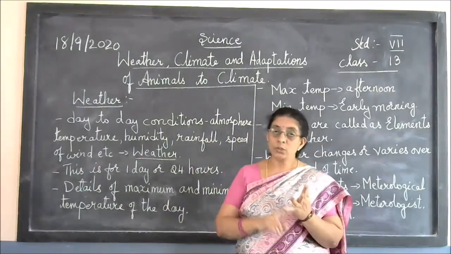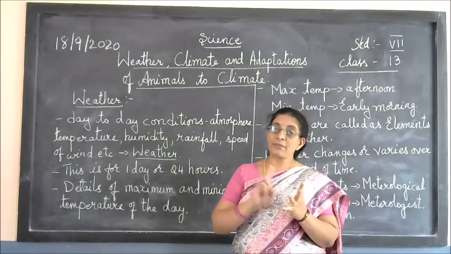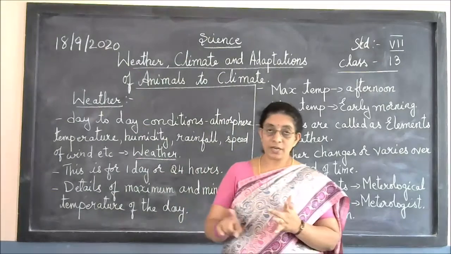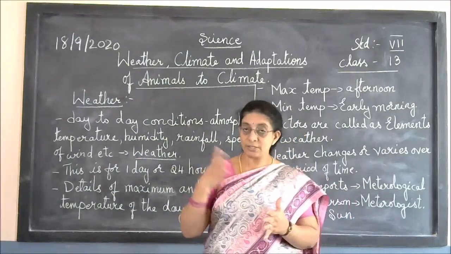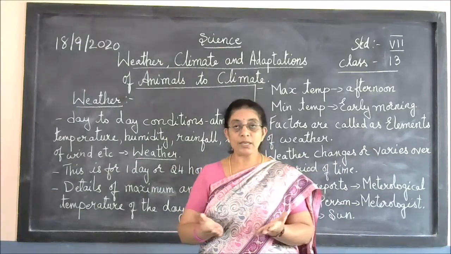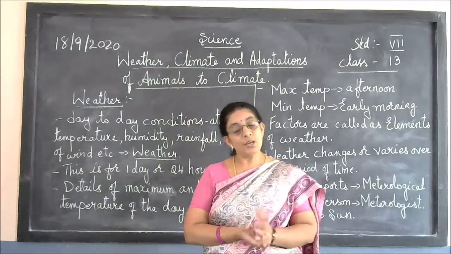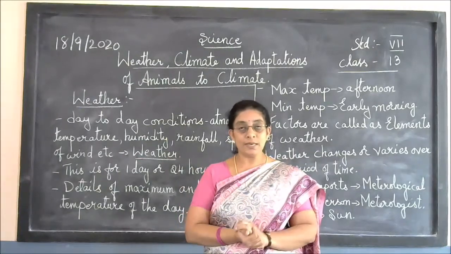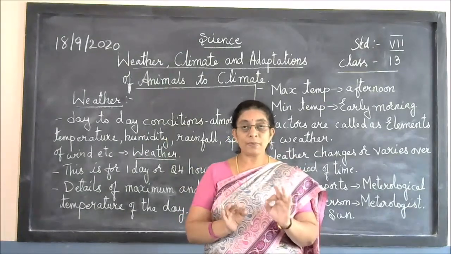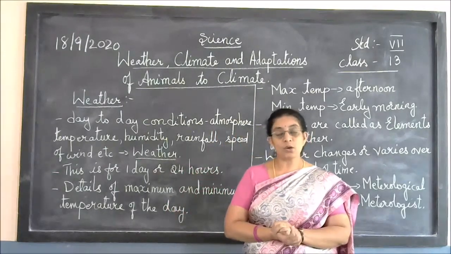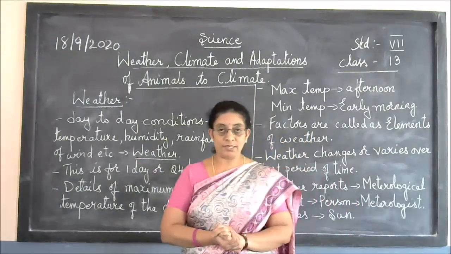The people over there find out the maximum temperature, minimum temperature, rainfall, humidity, the speed of the wind, everything they calculate, and then only they let it out as news. So this is going to be the weather for this particular day. The person who does all this in the meteorological department is called the meteorologist.